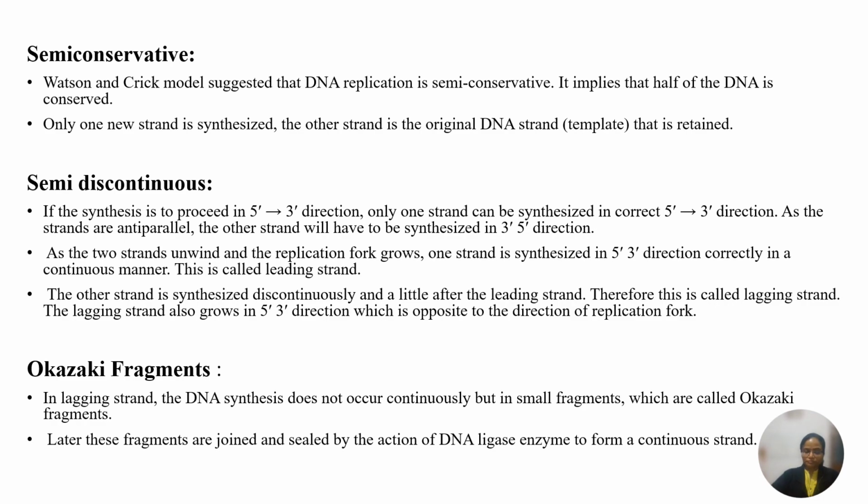Because as the DNA is unwound again and again over time, only that stretch is synthesized, in the direction opposite to the replication fork. So because one strand is synthesized continuously and the other strand discontinuously, the process is referred to as a semi-discontinuous process.